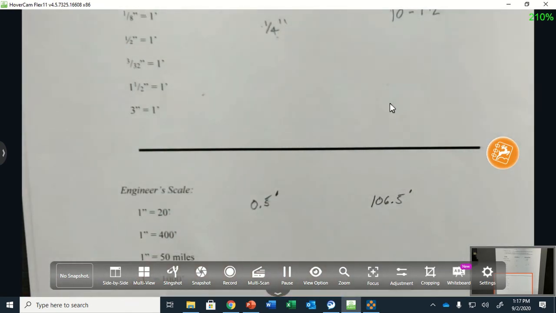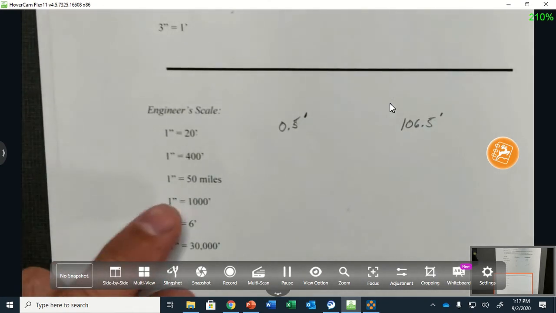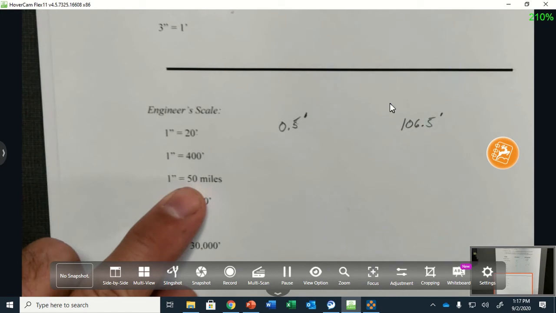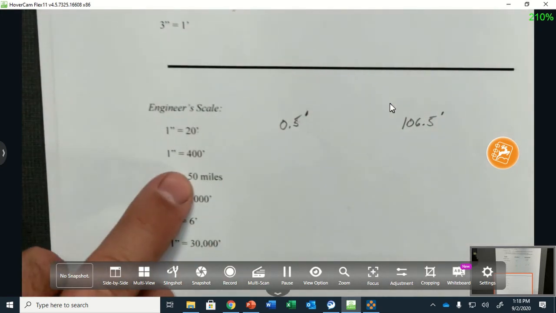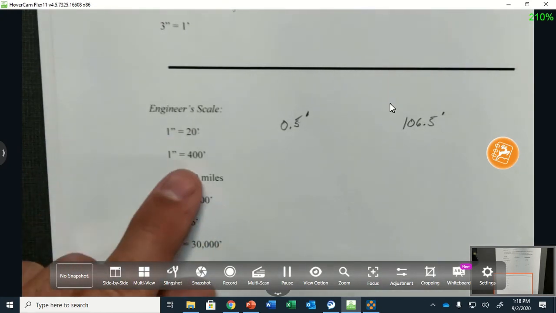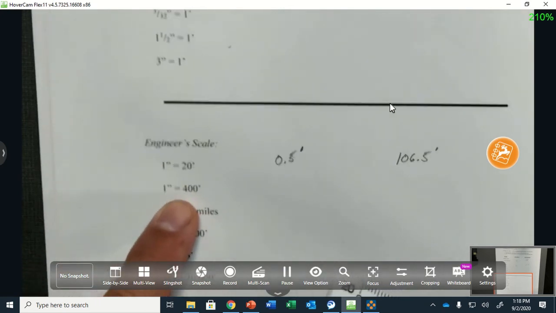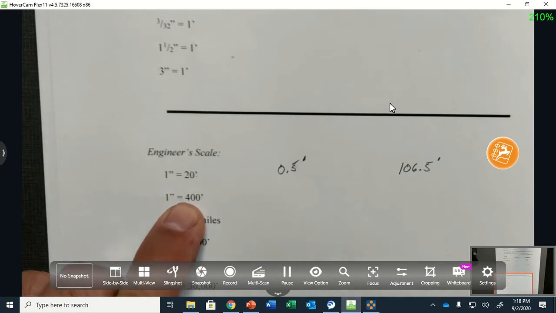All right, let's do 1 inch equals 50 miles. It's the exact same thing as this. My accuracy is going to be 0.5 because I only have 1 zero after it. However, I'm in miles instead of feet. All right? Let's do 1 inch equals 400 practice. All right, so it starts with a 4, right?